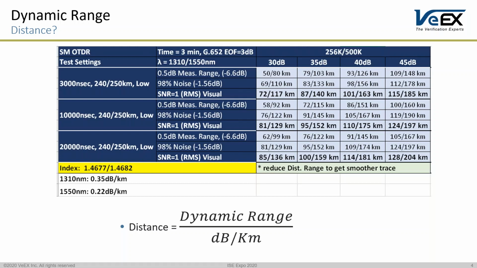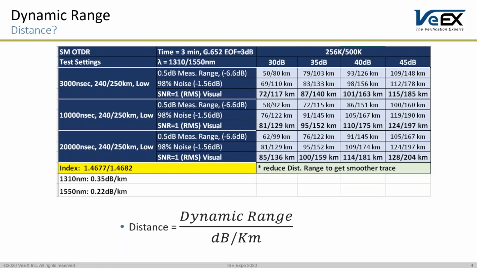So if you've got multiple connectors, bad connector splices, your distance will be impacted, so you won't go as far. That will limit the distance because of the loss factor. If you've got a splitter or a mux in the system, your distance will be impacted.